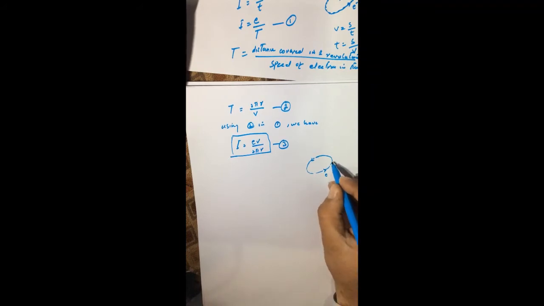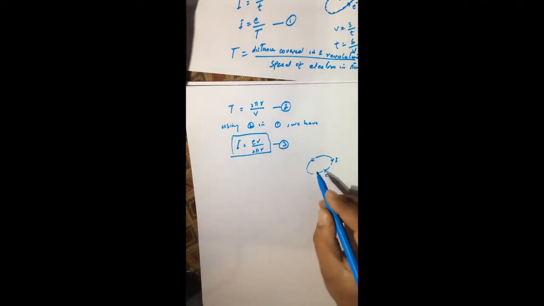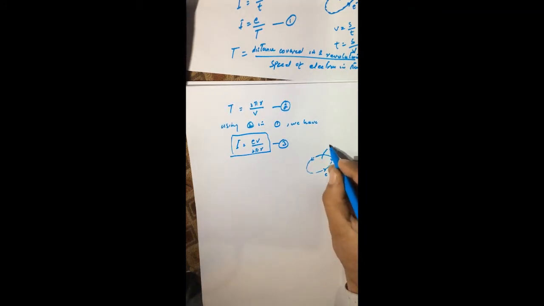This is the moment of electron, and the direction of current is clockwise. Now the upper face of the loop becomes south pole, and the lower face becomes north pole. Due to this, a magnetic dipole is formed, and we know that magnetic moment is associated with magnetic dipole.